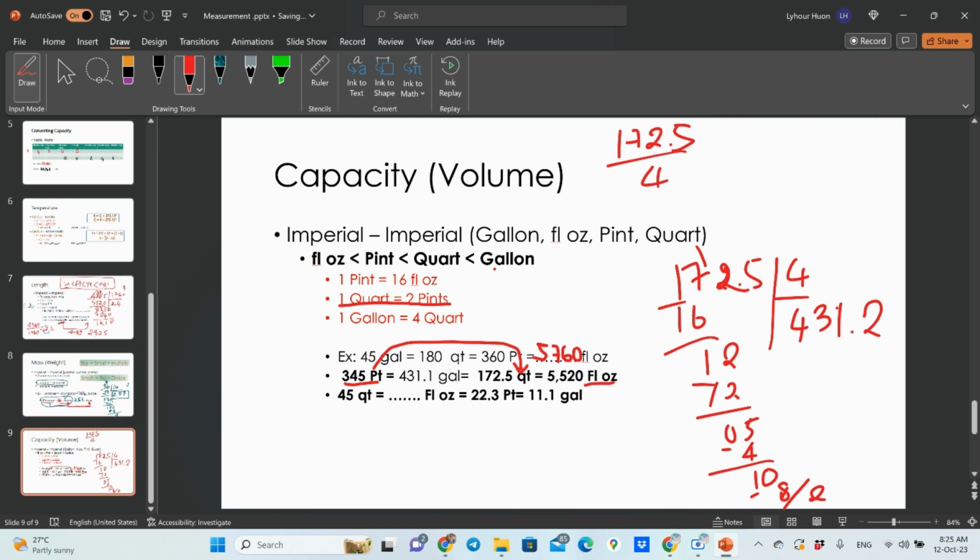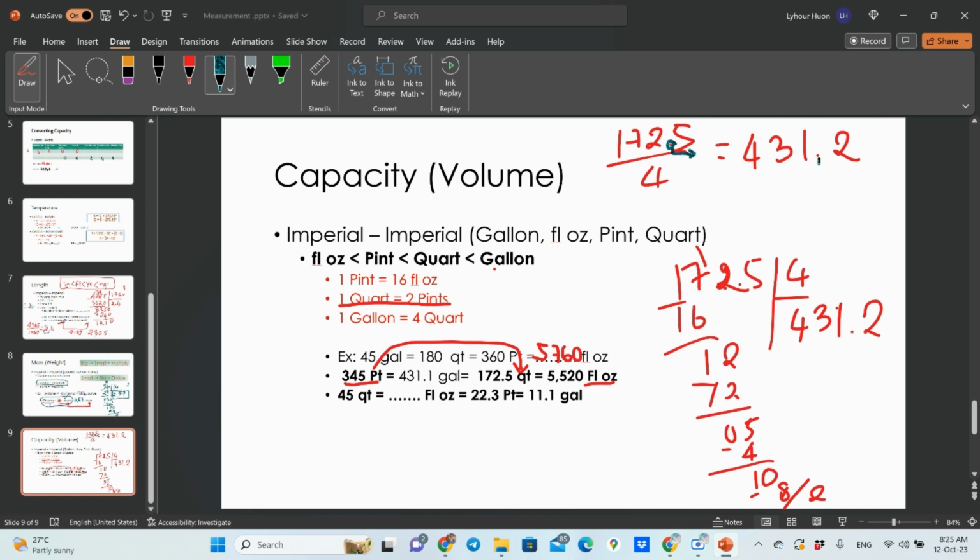Oh, your answer is almost correct. So it's equal to 431.2, but the point is, we have one digit after the decimal here. So how do we do?